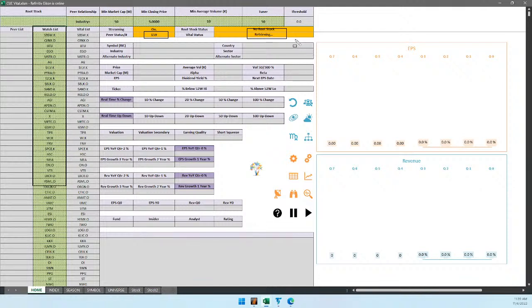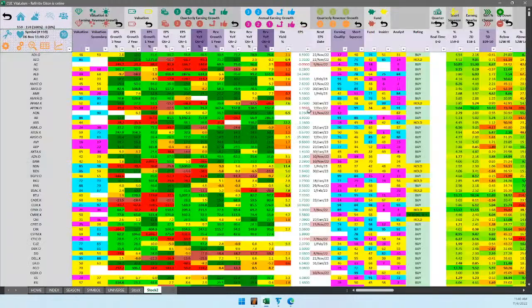Once the data is retrieved, it will calculate the Q scorecard. Updated, let's look at the Q scorecard.